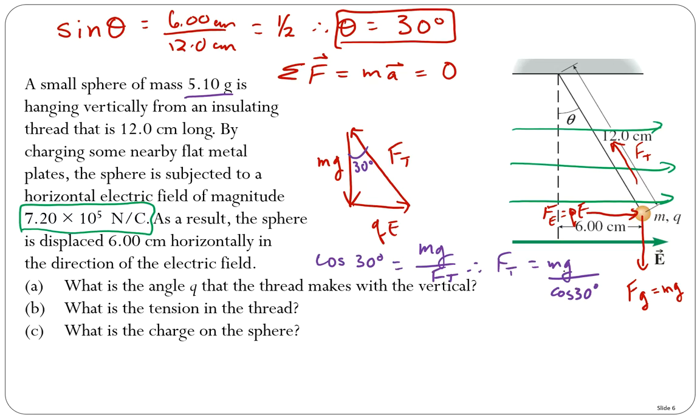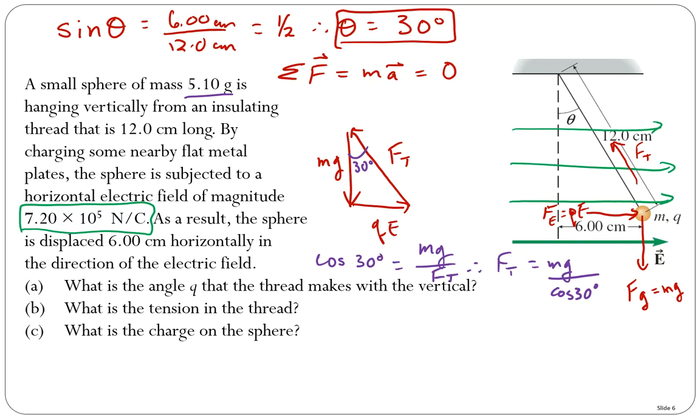Okay, so if I put in my m, my g, and my square root 3 over 2, that's what 0.866 is, I will get my answer. What is the charge on the sphere? How would I find that? Shouldn't the charge of the sphere be found from the force exerted by the electric field?